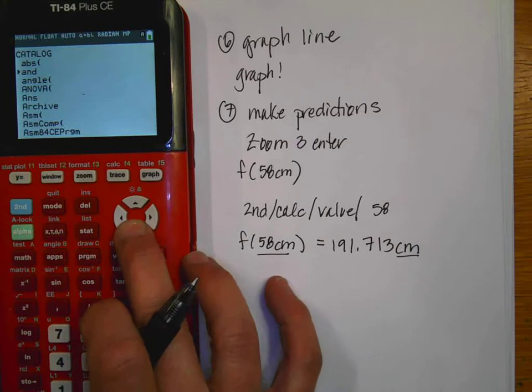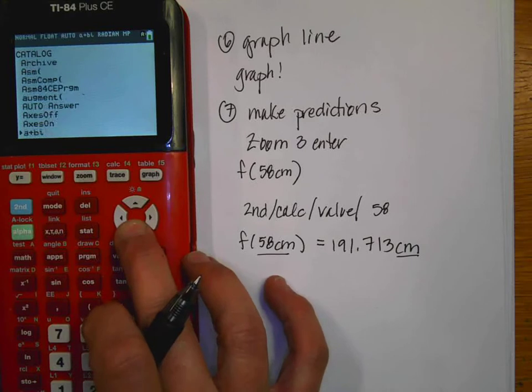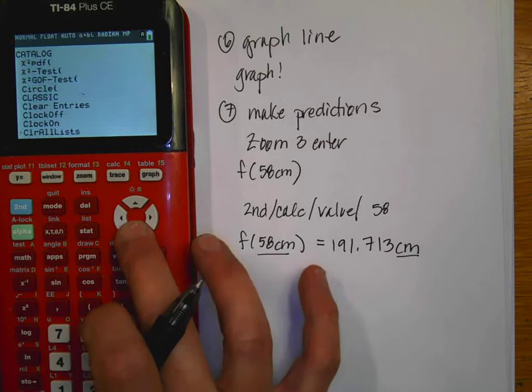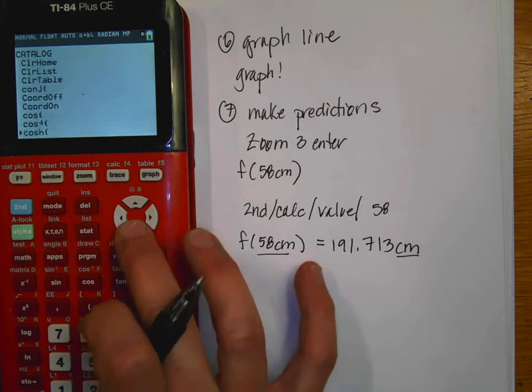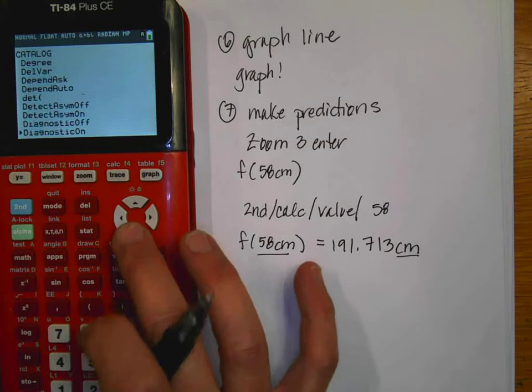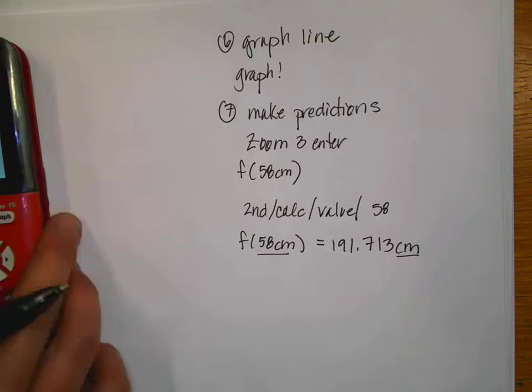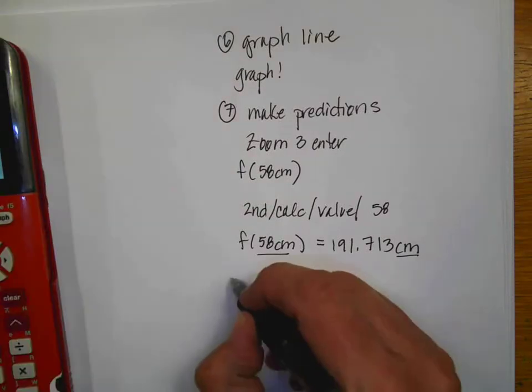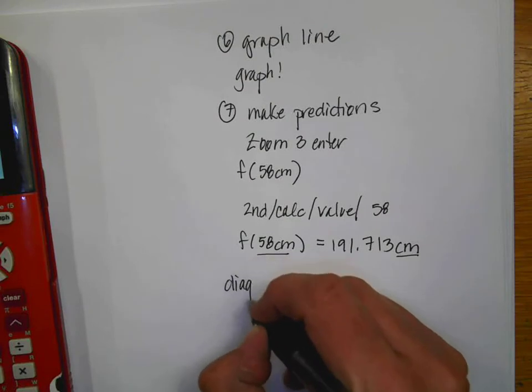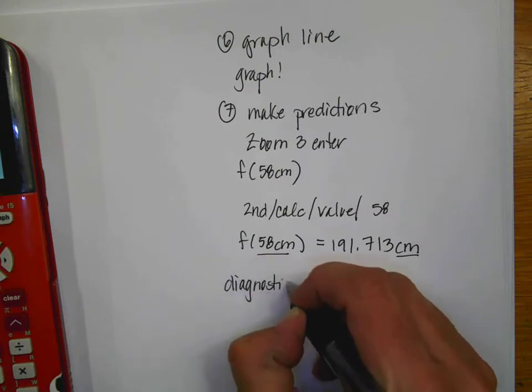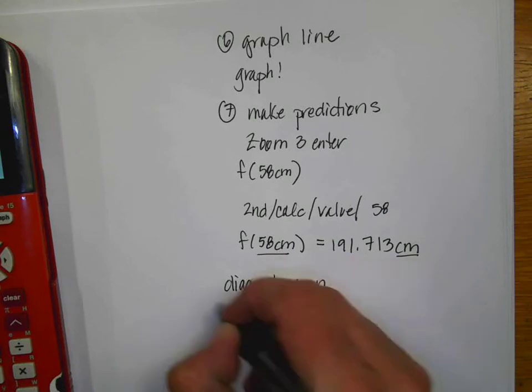So I want to make sure that my diagnostics, second quit. So if I used to be in nothing, I'm going to go back down and turn my diagnostics on. Okay, and I'll write that down so you have it. Go calculator. And I could search alphabetically, but for me, by the time I do that, then I'm good. So notice now my diagnostics are on, and then if you went back and recalculated, it would turn your correlation coefficient on.